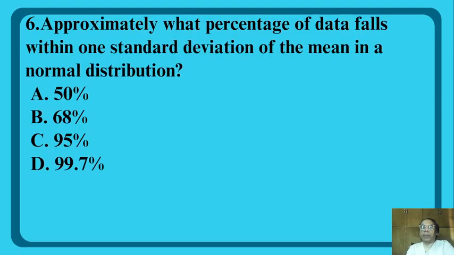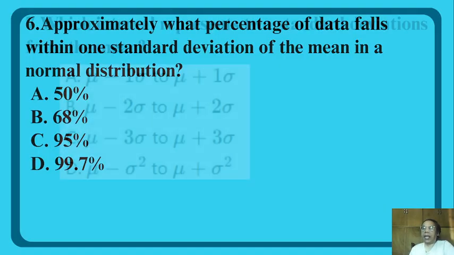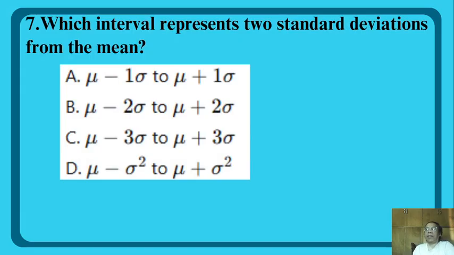Approximately what percentage of data falls within one standard deviation of the mean in a normal distribution? A. 50%, B. 68%, C. 95%, D. 99.7%.